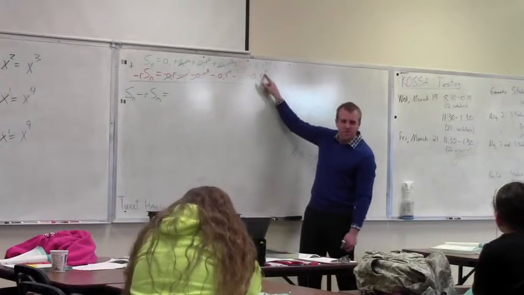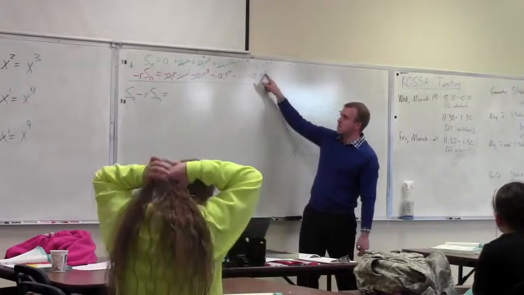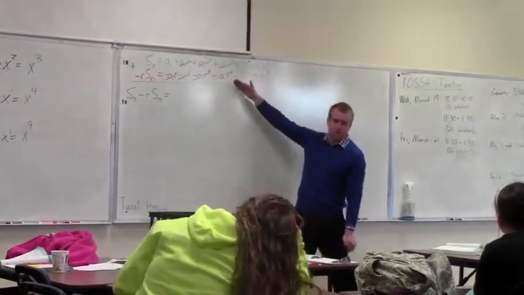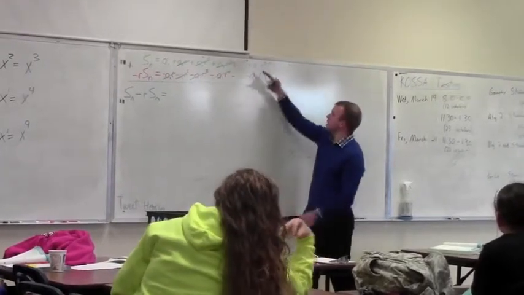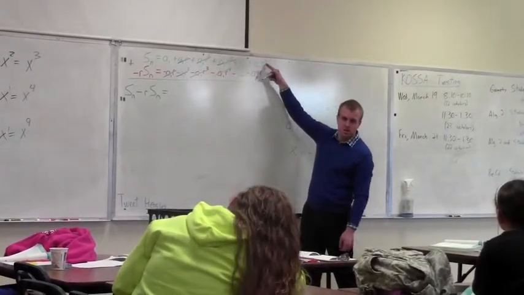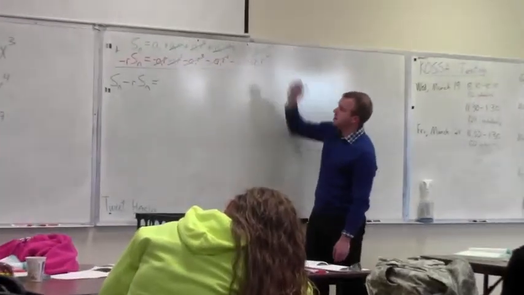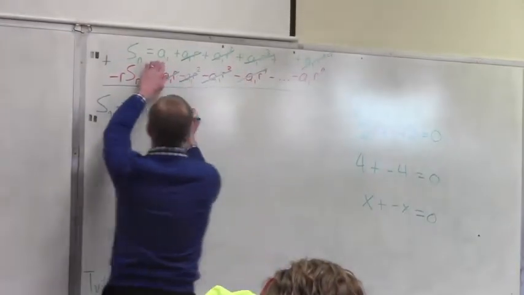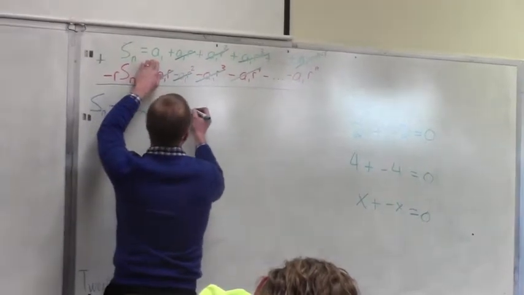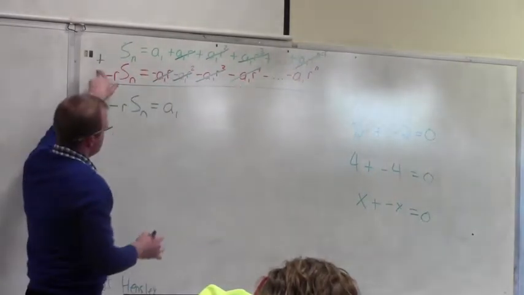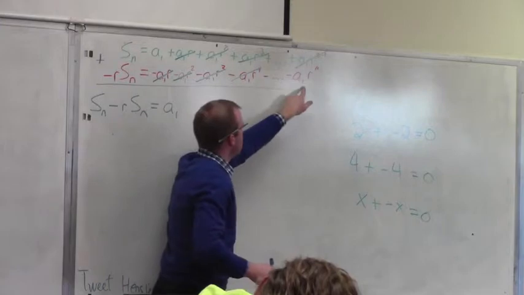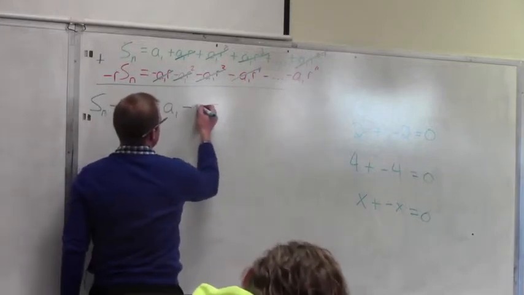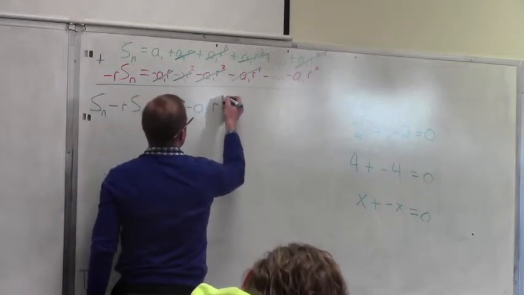Like the term right before this one, just take 1 away from this exponent, and it would be the one right before it. So that would mean it would cancel this. Okay, so that's gone. So all I'm left with is this a sub 1 plus negative a sub 1 r to the n. So I'm just going to put minus a sub 1 r to the n.